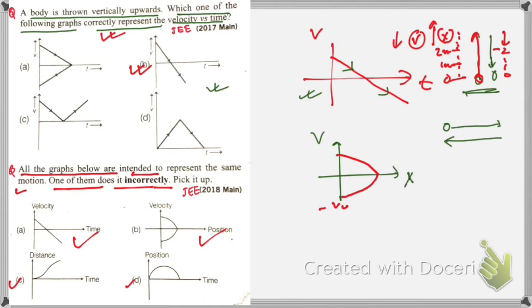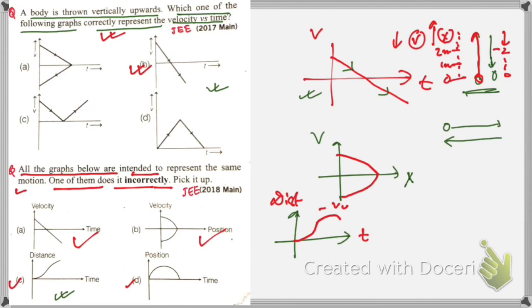So next, this third graph, you can see the distance and time graph. This is time, this is distance. So the first part of the graph is something like this, and the second part is something like this.